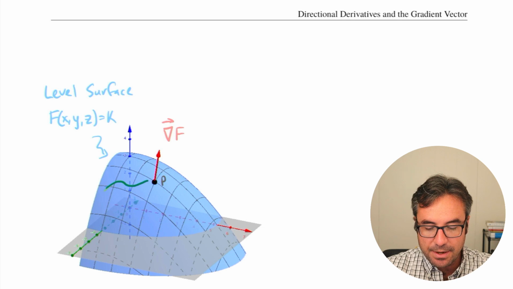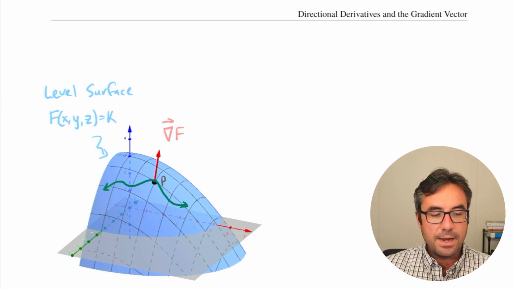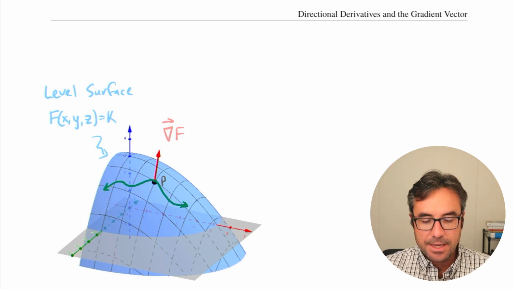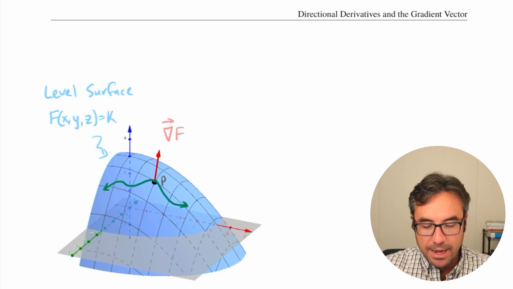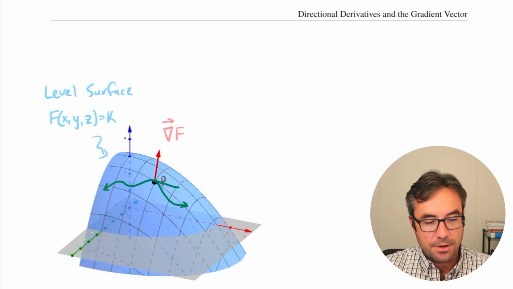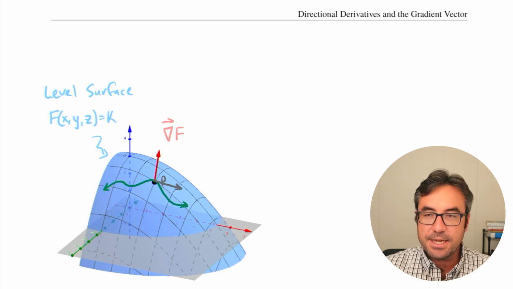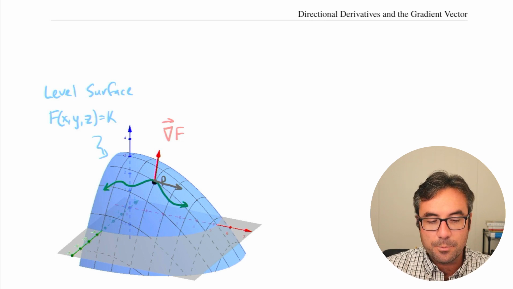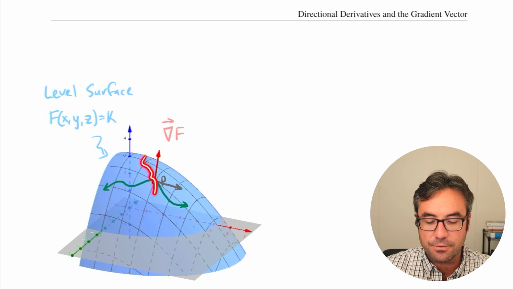So let's imagine that we have a curve here, we're walking on the surface and we go through that point. Well, for that general curve, we're going to have a tangent vector. And that tangent vector is perpendicular. It's orthogonal to the gradient. And this is going to be true for any curve on this surface.